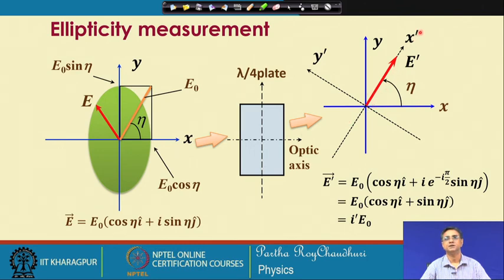This is the direction of the electric field E prime, which can be written like this because it passes through a quarter wave plate. We add a phase e to the power of minus i pi by 2, and effectively this becomes cosine eta i plus sin eta i. This is the direction of the rotation of this plane polarized light. In this way we can measure the ellipticity of the elliptically polarized light as a function of the magnetic field.